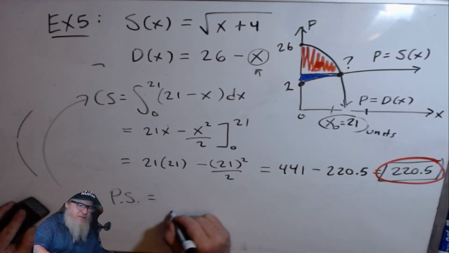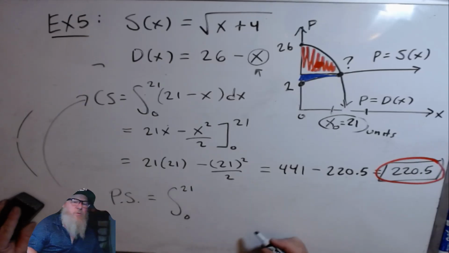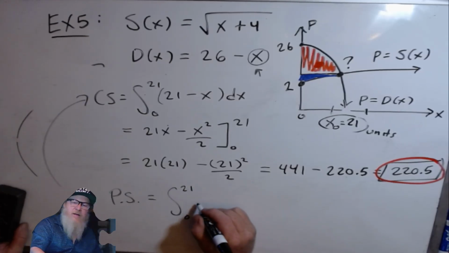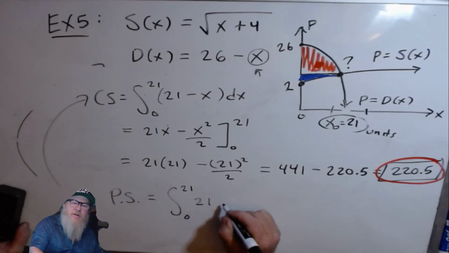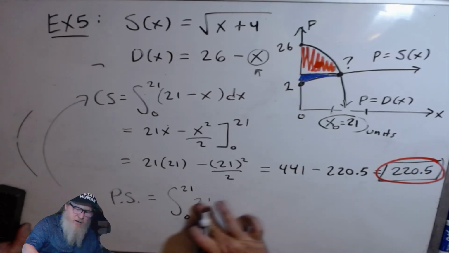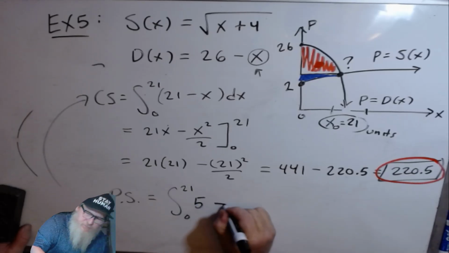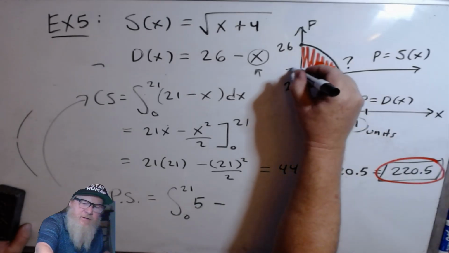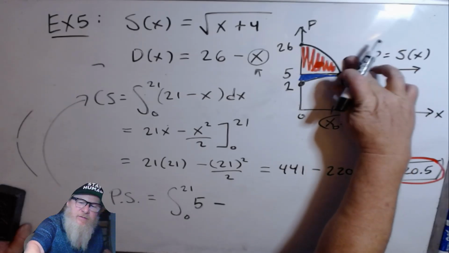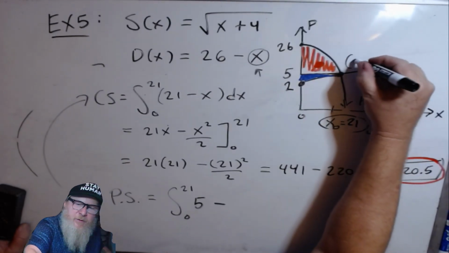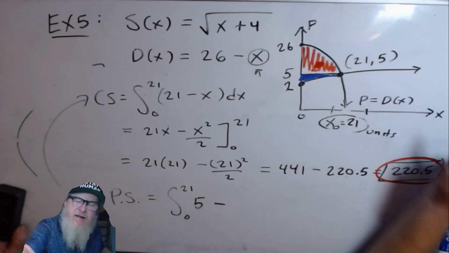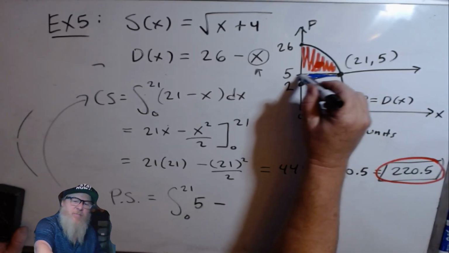Producer's surplus, integral from 0 to 21 of, oh, sorry, not 21, 5. I forgot it's on my graph here. 5 is the equilibrium point, right? It's 21 comma 5. I didn't draw it in my graph.